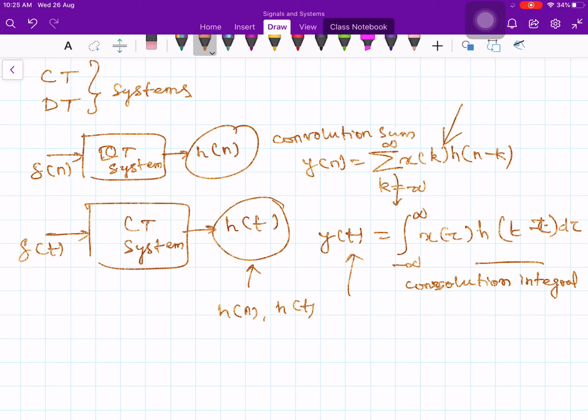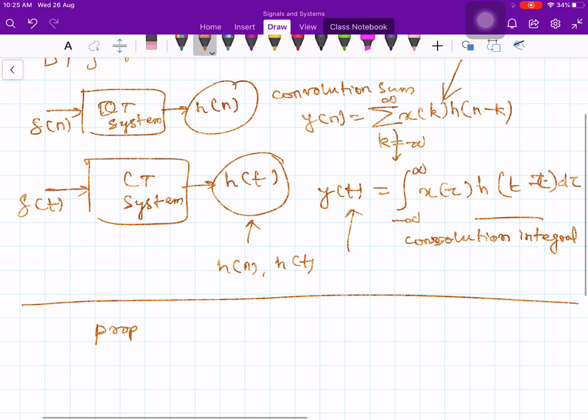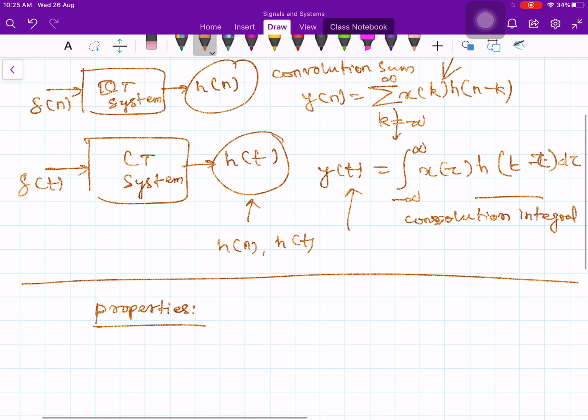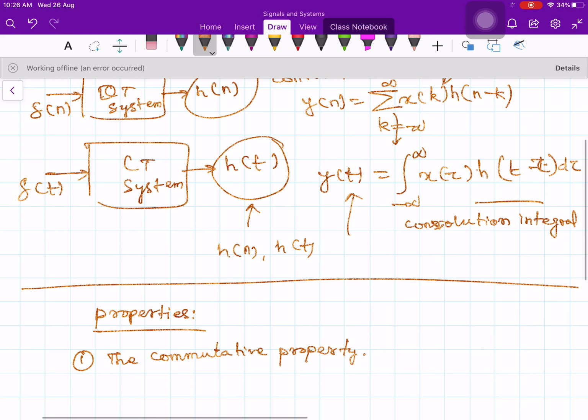Now, let us look at some of the properties of LTI systems. There are three important properties. The first one is the commutative property. This is a basic property, and let us look at discrete time first.